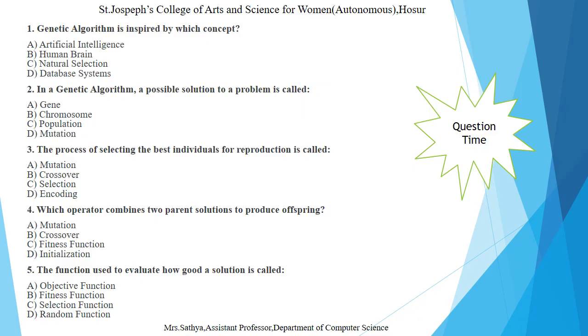They can escape local minima, are highly flexible, and work for complex and non-linear problems. We also discussed selection, mutation, crossover and their types. These are all the concepts in this video. So this is the question time; refer to this video and answer the questions.